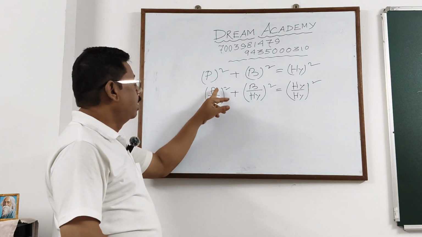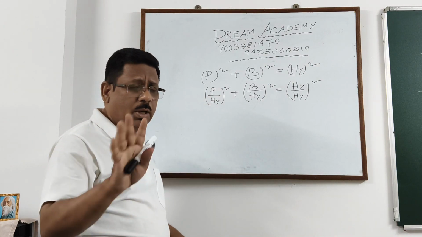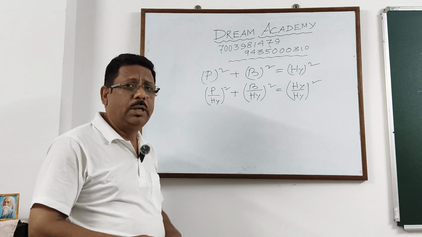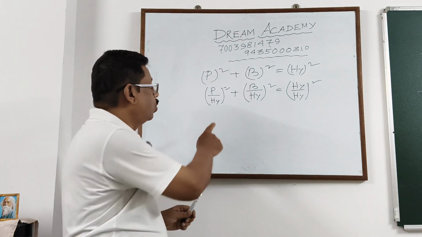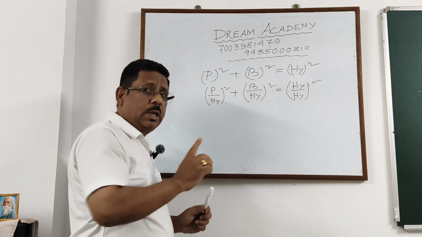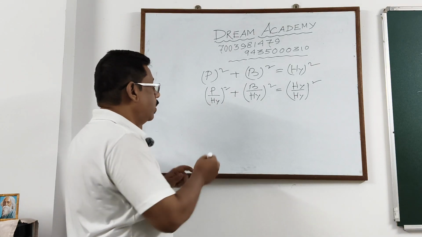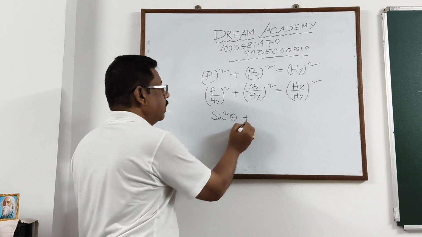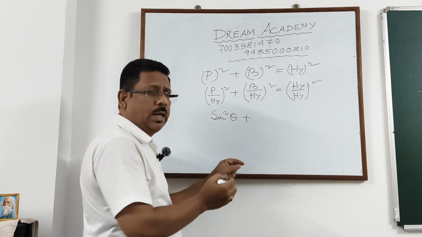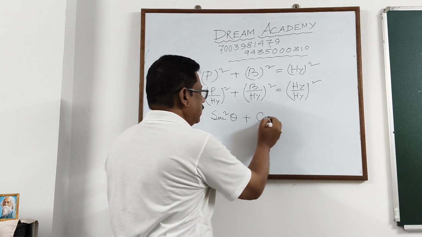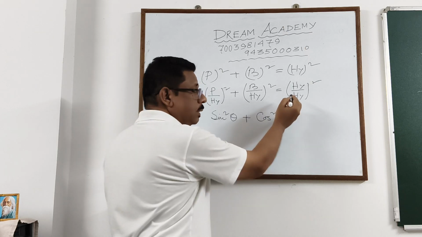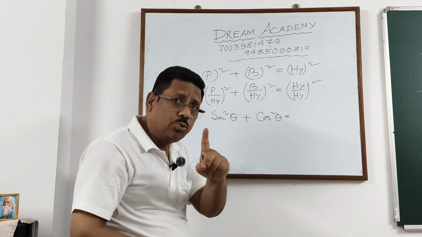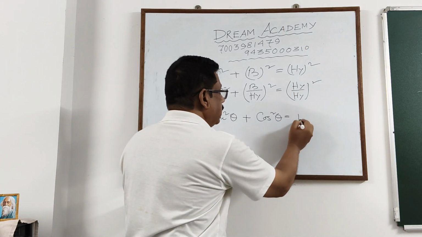Then what can we say? What is perpendicular by hypotenuse? That is sin theta. So perpendicular by hypotenuse whole square equals sin theta whole square, sin square theta. Same way, base by hypotenuse is cos theta, that is cos square theta. Then hypotenuse by hypotenuse is 1, that is 1 square, that is 1.